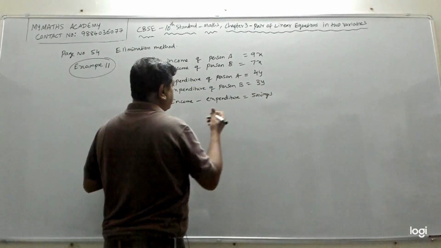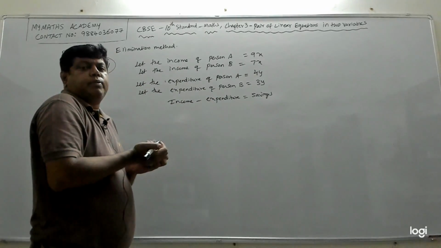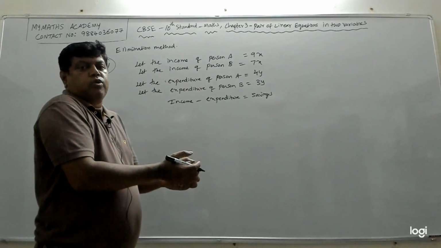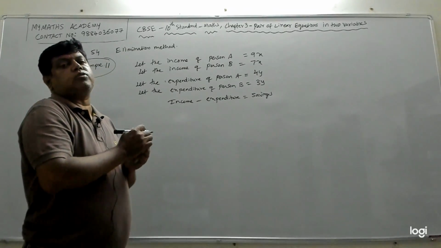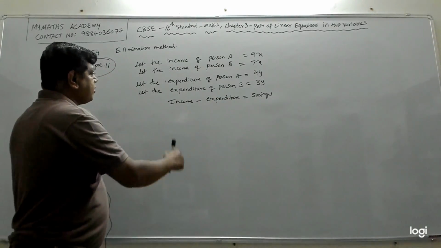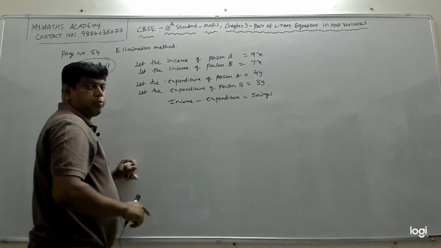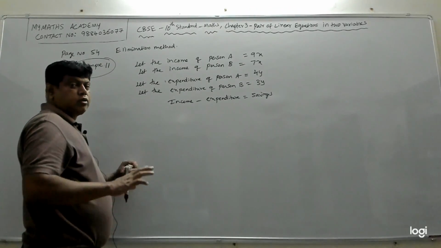However much I earn, and however much I spend, the remainder is my saving. Suppose I earn 10,000 rupees and I spend 7,000 rupees, my saving is 3,000 rupees. So your saving is income minus expenditure. Both of them have saved 2,000 rupees per month, which means person A is saving 2,000, and person B is also saving 2,000.